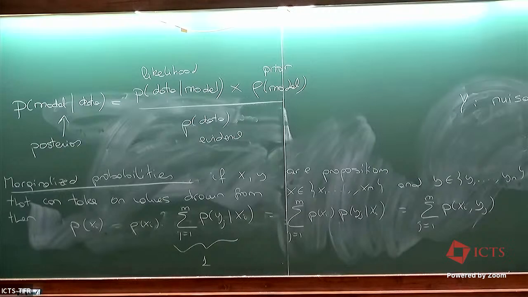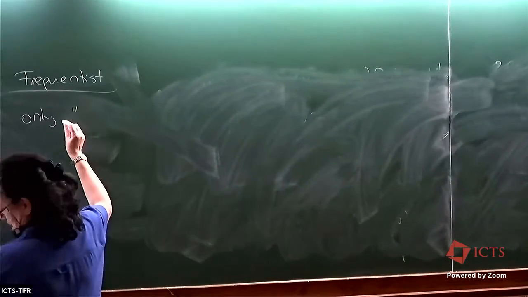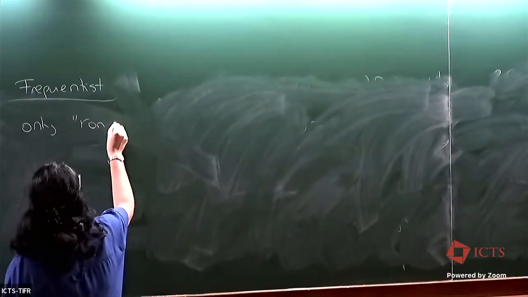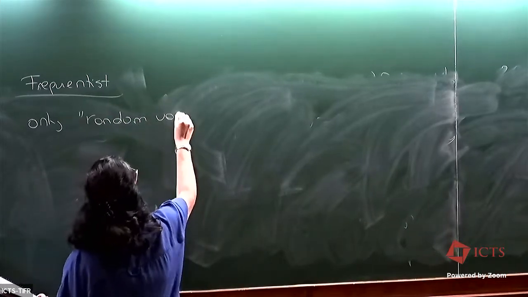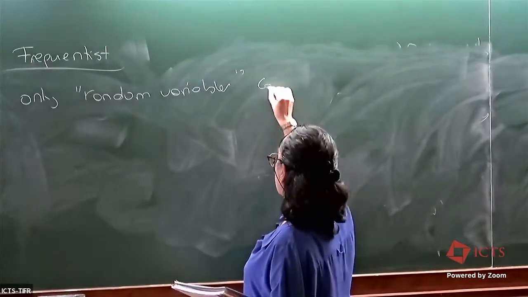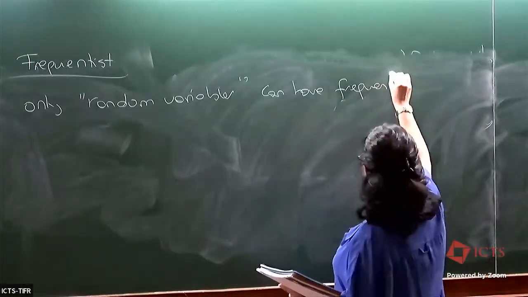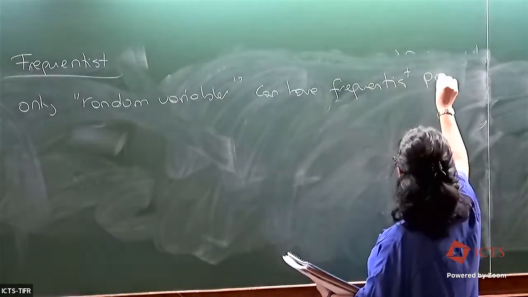Now, in the frequentist approach, or orthodox statistics, basically only random variables can have frequentist probabilities.